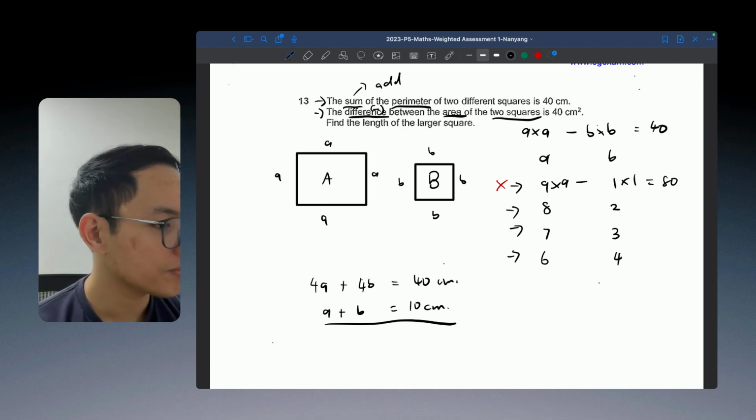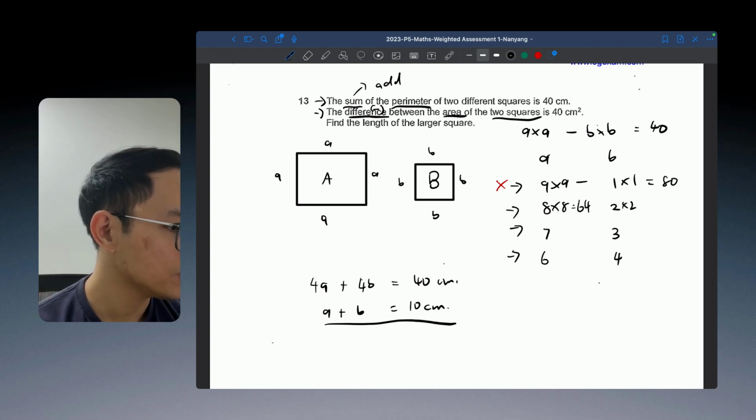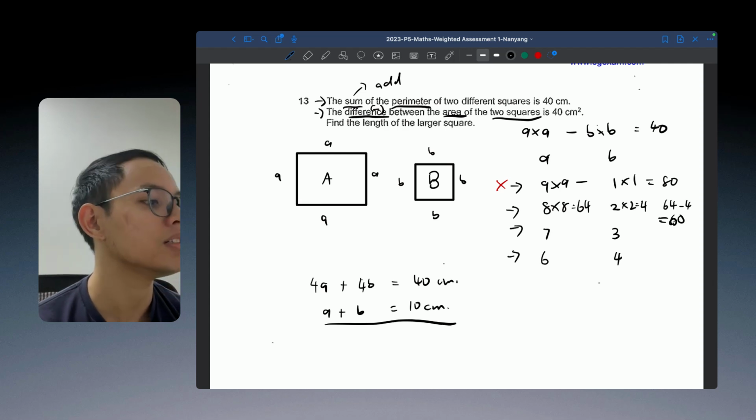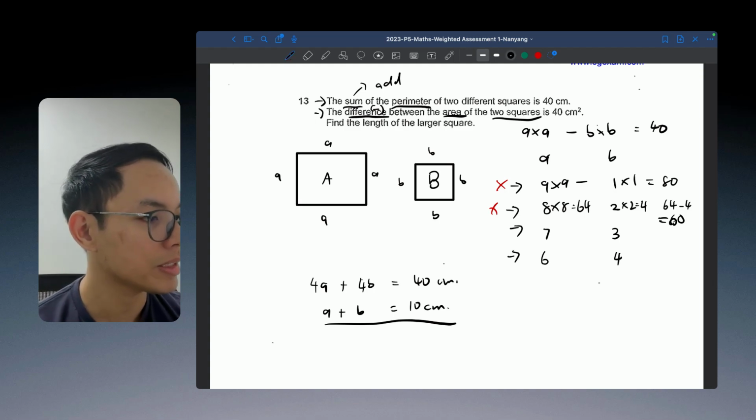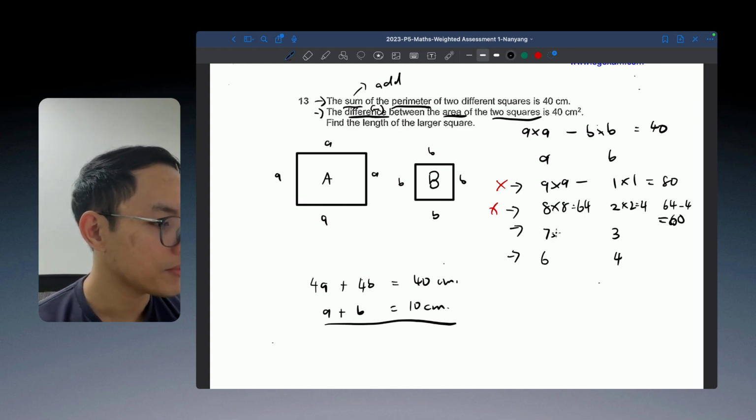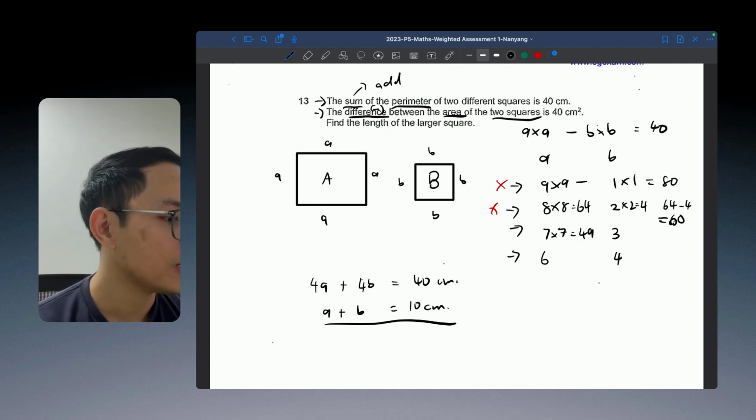8 times 8, do you remember 8 times 8? This is 64. Then 2 times 2 is equal to 4. So the difference is 64 minus 4, which is 60. Oh, this is wrong as well. Let's move on to the next one. We have 7 times 7, which is, remember, 49, and then 3 times 3, which is 9.